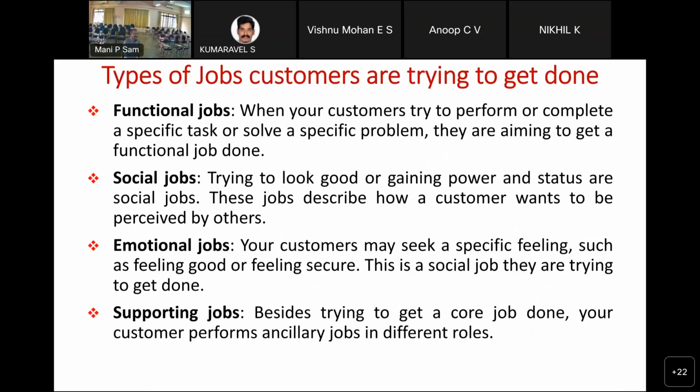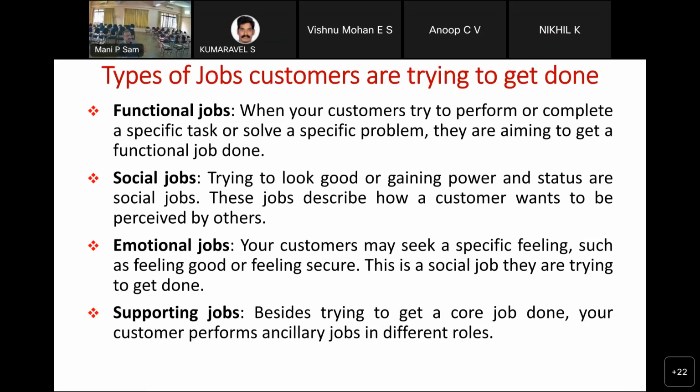So then let us look at the types of jobs customers are trying to get done. There may be functional jobs. Very simple, straightforward. They have a very specific problem. They have two pieces to be joined together. You give a welding rod or an adhesive or a fastener. All that is a functional job.